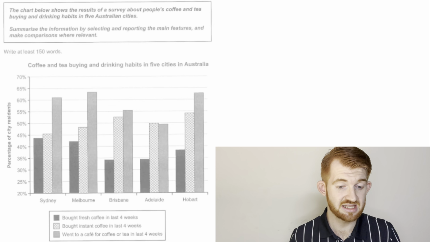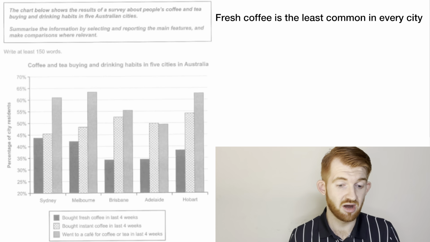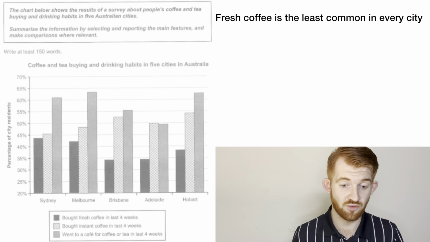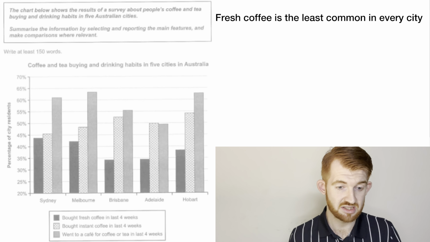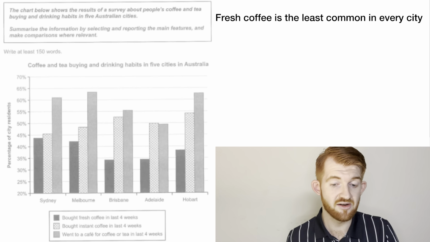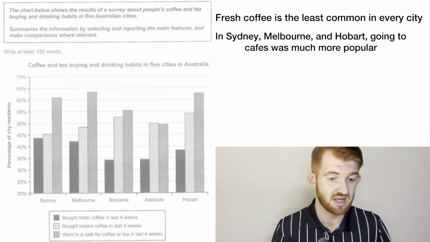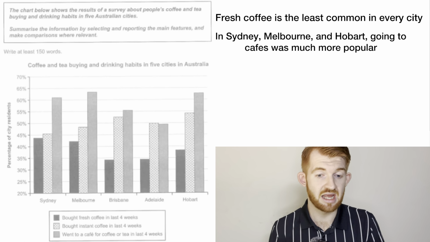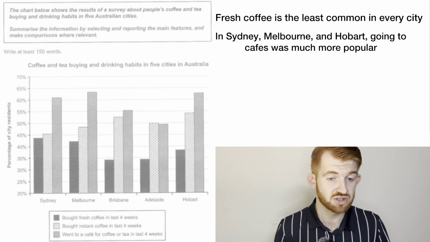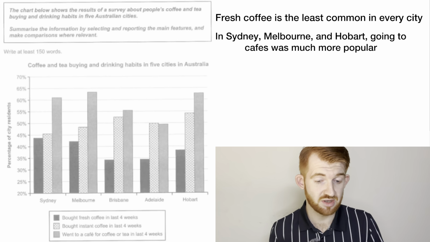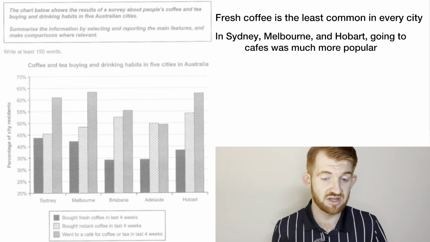Well, we can see that the proportion of people who bought fresh coffee in the last 4 weeks is the lowest. It's lowest in every city. Now, we can also see that in Sydney, Melbourne, and Hobart, the proportion of people who went to a cafe is significantly higher.